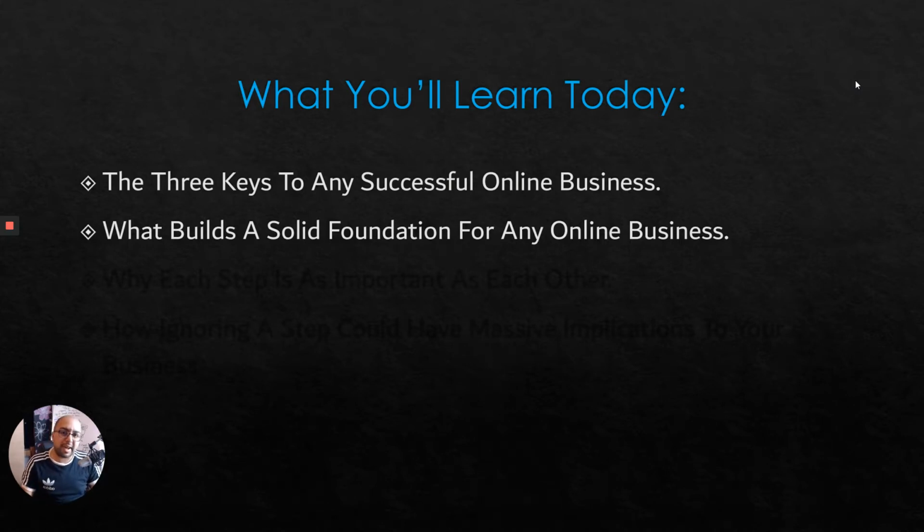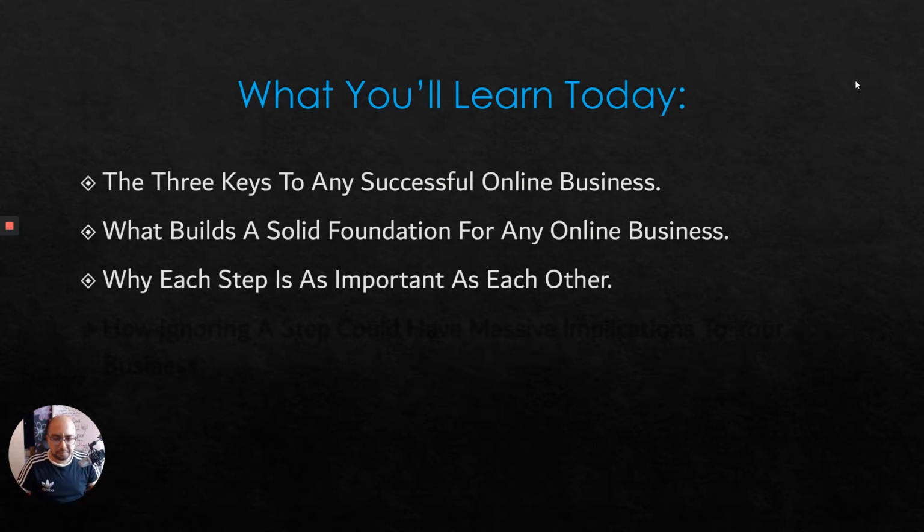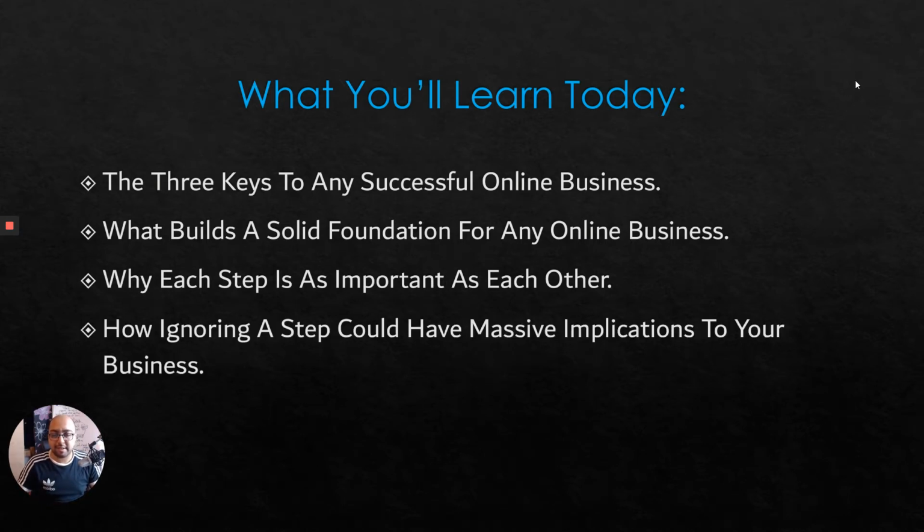I'll then talk about how you can build a foundation of an online business. So it's not just having one thing; it's a series of elements that work together really, really well, and that hopefully can run on autopilot if you put a lot of resources in. Again, why each element is going to be as important as each other, and how missing one of these steps that I'm going to mention could have massive implications, and it may be the problem solver.